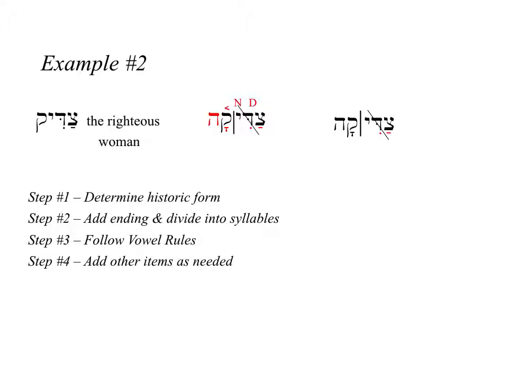I now have to add the other items. Now in this case, we want to put the definite article the on the front of the word. We remember that the definite article is a he, a patach, and a doubling dot. And when you slide that over onto the word, we end up with hatzadikah. And this is our end result.